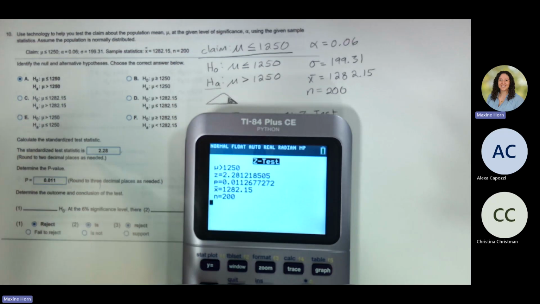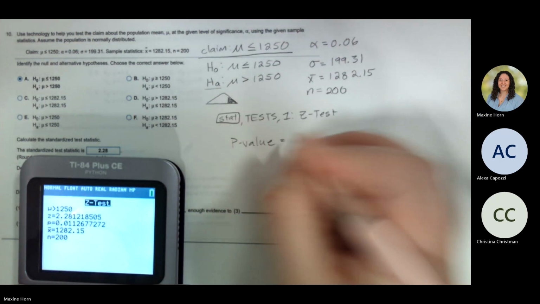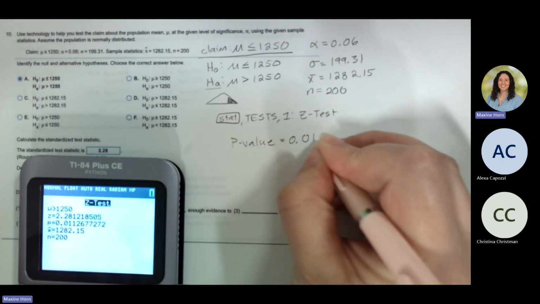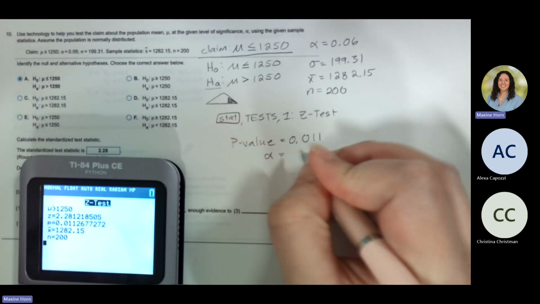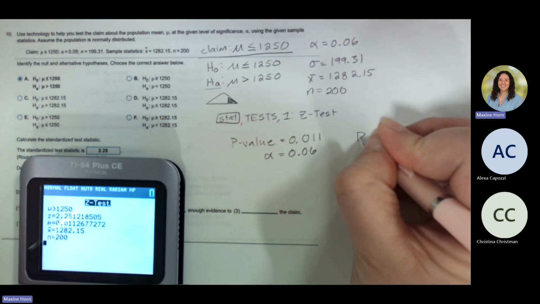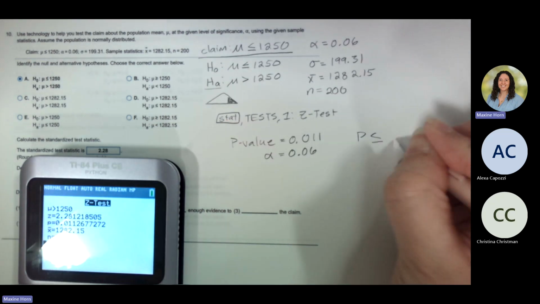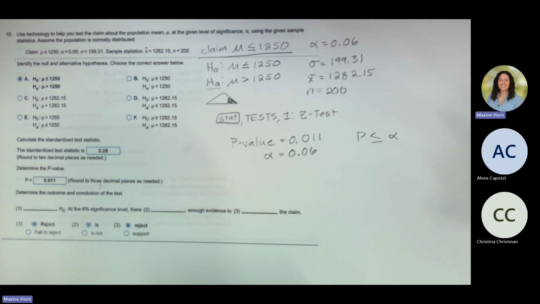And so the calculator did all of that for us, and now we have to draw the correct conclusion from that, right? So if I have a p-value of 0.011 and I have an alpha of 0.06, then that means that my p-value is less than or equal to my alpha, right?